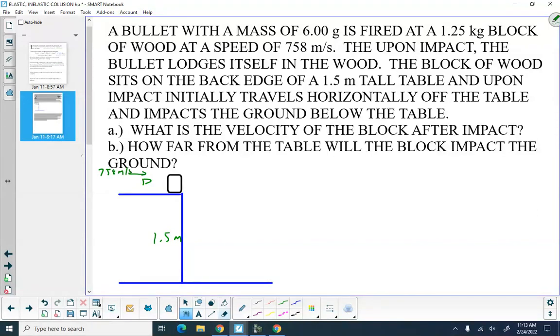The mass of this bullet is 6 grams, and it's being fired into a 1.25 kilogram block.